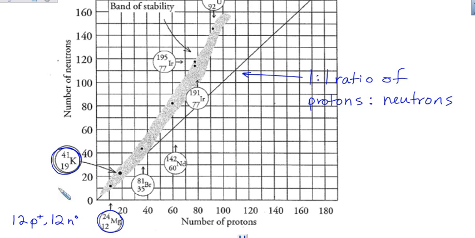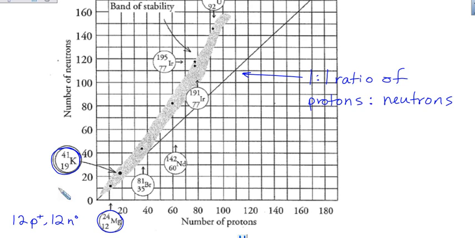Or here, this is just an alternative isotope of potassium. But all potassium atoms really do have a mass close to 40, somewhere between like 39 and 41. So they're fitting in this band of stability. They're kind of following this trend. Up until about 20 protons, element number 20, we do have stable atoms with about a 1-to-1 ratio of protons to neutrons.